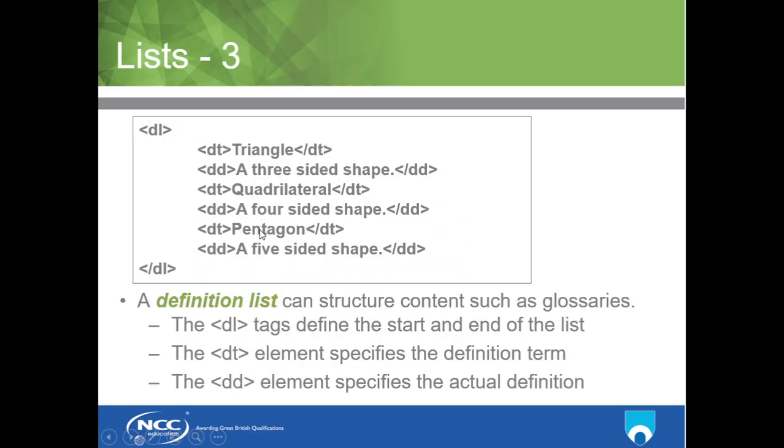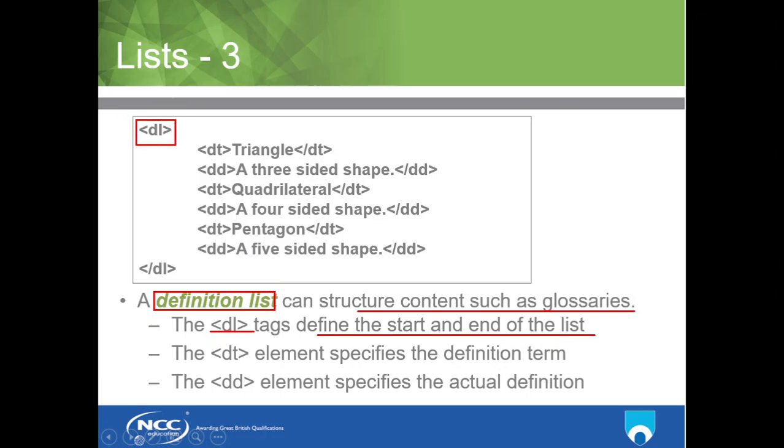The other type of list is this one, called the definition list. A definition list can be used to structure content such as glossaries. Normally it has three tags. The first one is DL, used to define the start and end of the list. So you can see here we have DL and end DL like that.